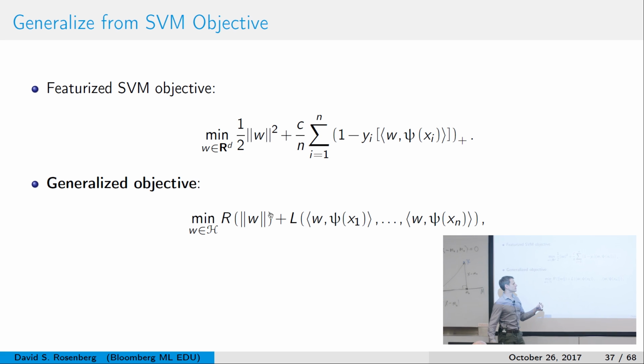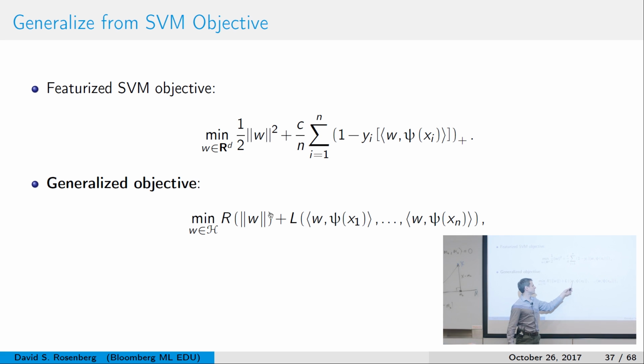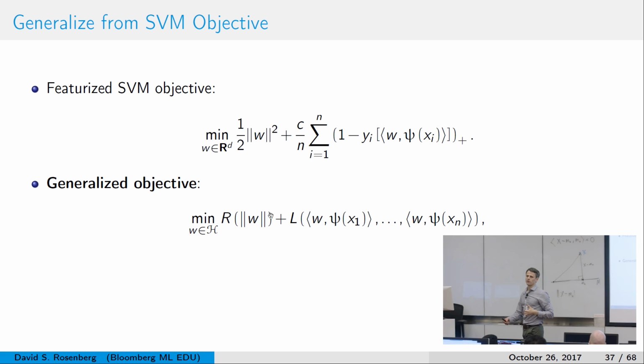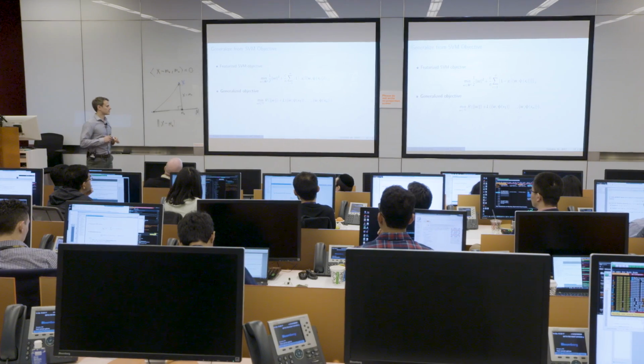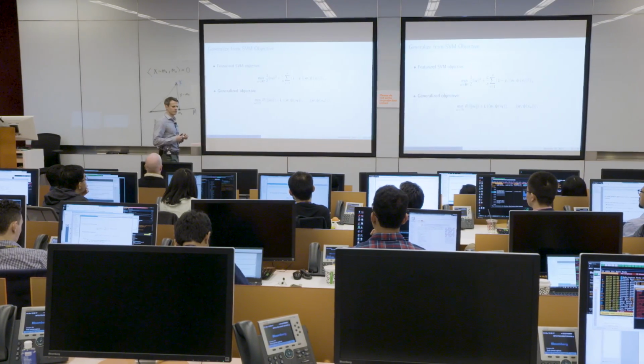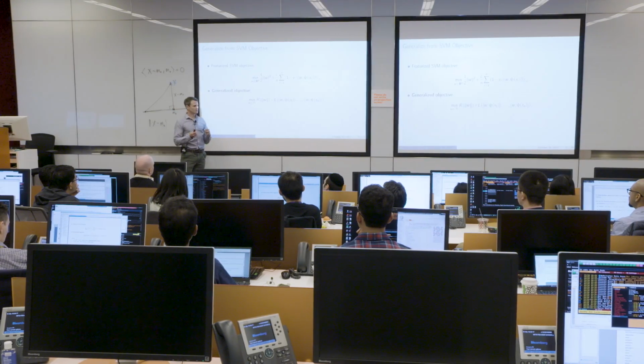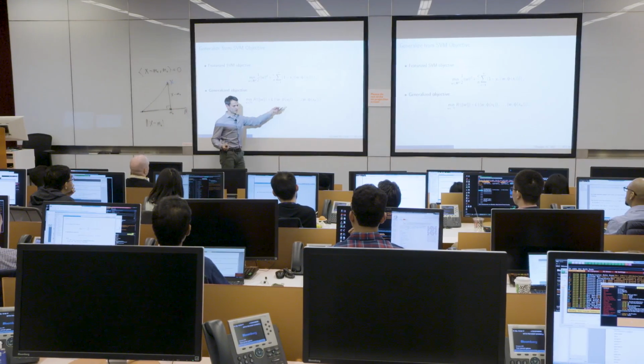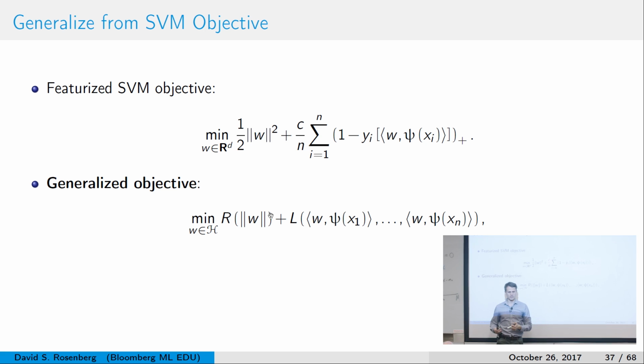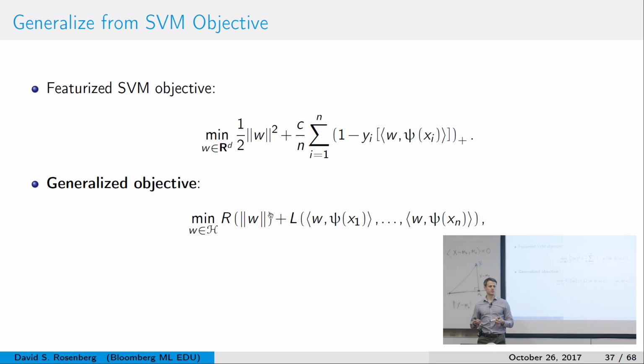Just so this is not totally abstract, what would this inner product, W with psi of x1, be in the development we've had so far? This should be familiar. It's our prediction. We have these linear models, linear in the feature space. The inner product of W and psi of x1 is our prediction function, right?